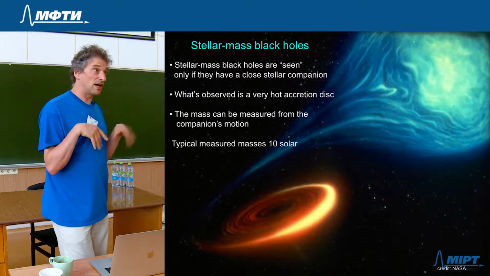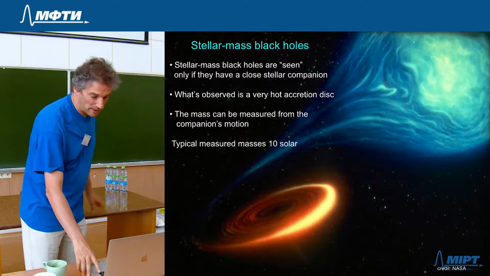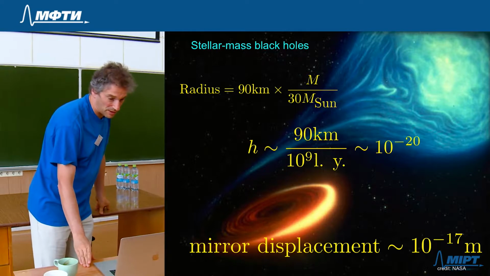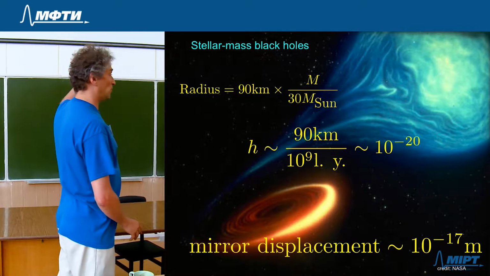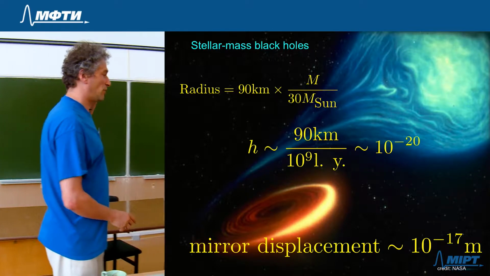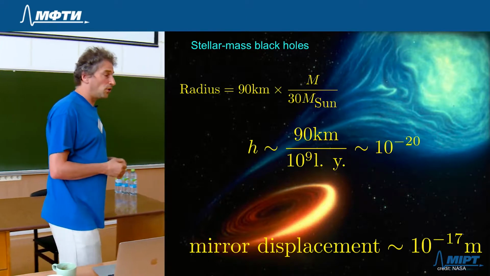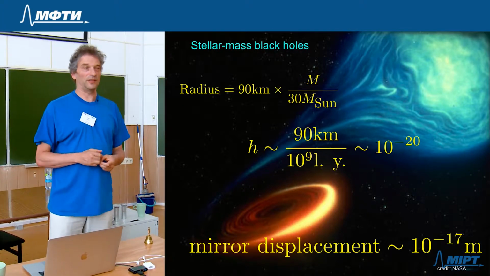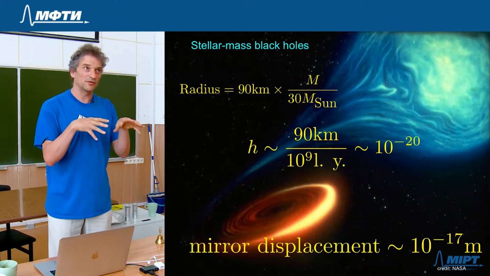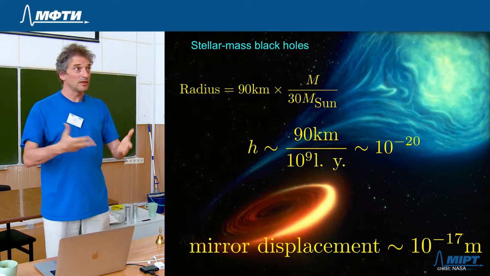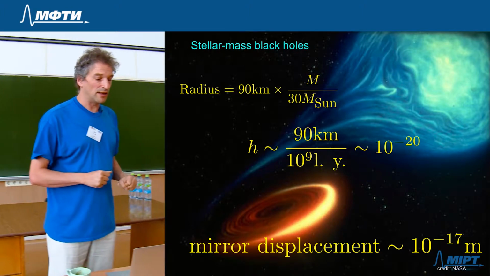So if we take a black hole mass and place it somewhere outside of the galaxy where you can realistically expect to see a merger, then the amplitude that comes is very small. Actually, here I didn't take 10 solar masses. I took 30 solar masses, because that was the mass of the black hole that merged in August of 2015. Well, it didn't merge then, it merged billions of years before that, but that's when the signal from the merger reached the Earth and LIGO detected it.